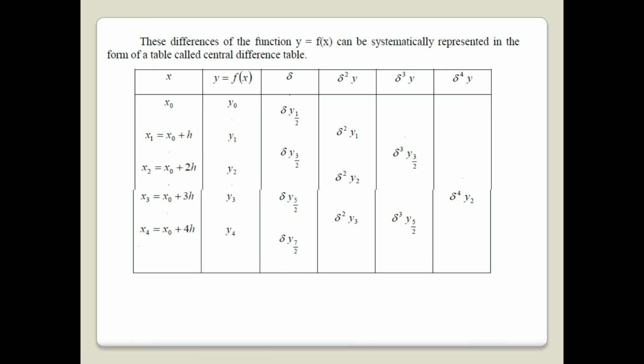The process is the same as for the difference tables already discussed for the forward operator and backward operator.